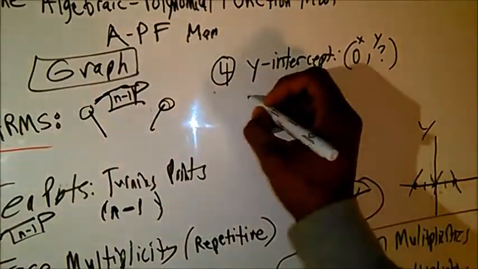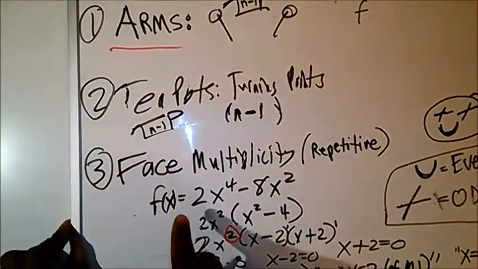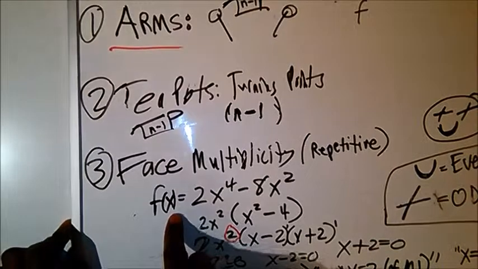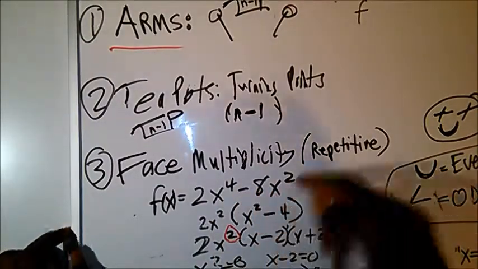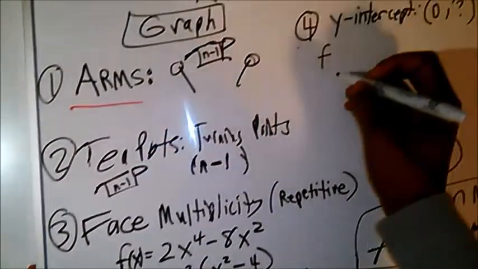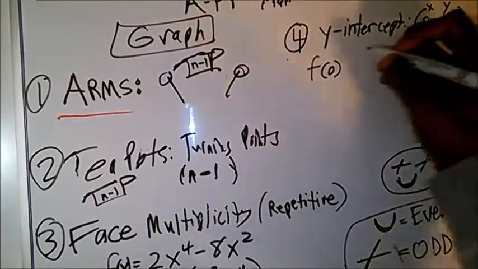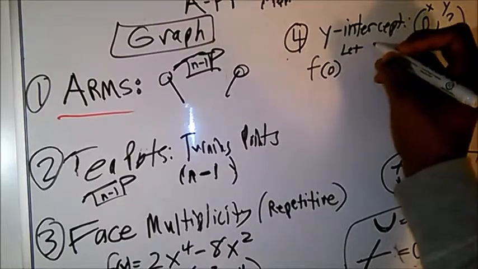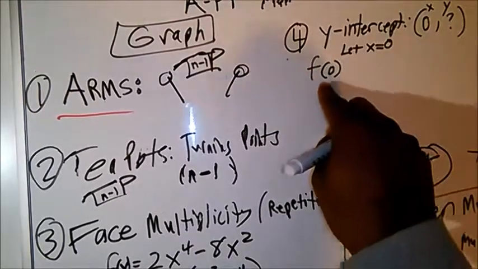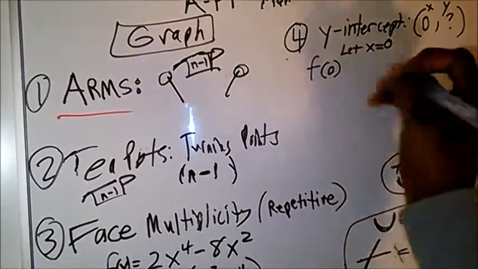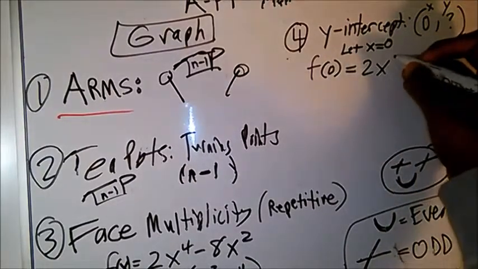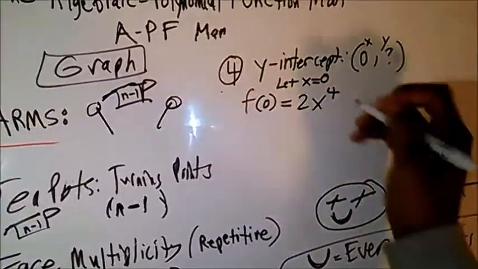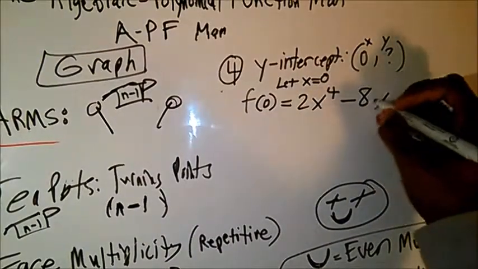This also can be expressed in this way. Since we have this function here, f of x equals 2x to the 4th power minus 8x squared, we're going to make x 0. So f at 0, we're going to let x equal 0. So f at 0 will be equal to 2x to the 4th power minus 8x squared.